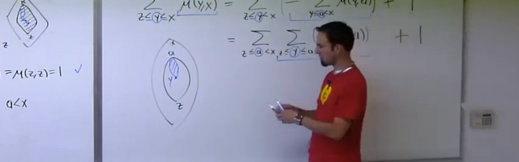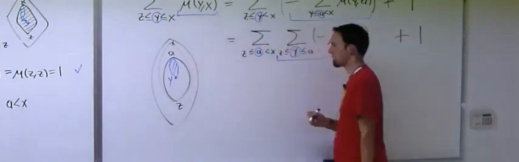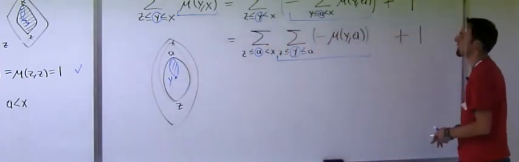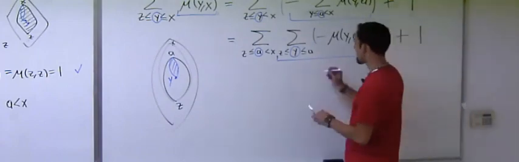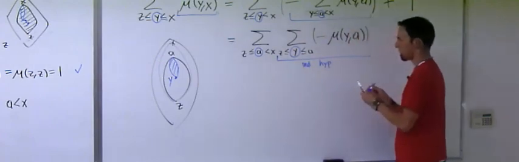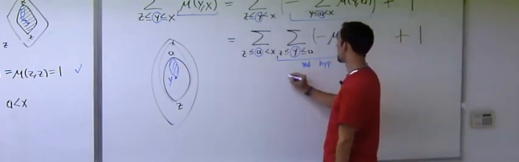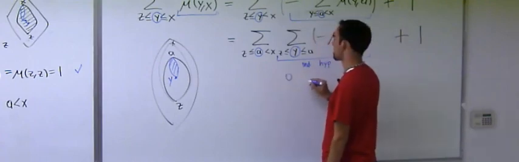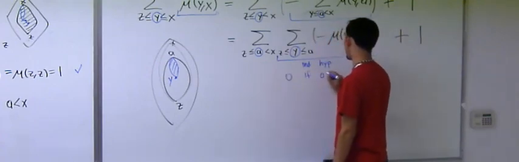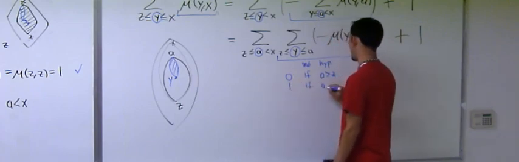Because I'm trying to get the sum from z to x, and I said, assume that I know it between z and a for any a less than x. Okay? So this is exactly my induction hypothesis. And my induction hypothesis says that this is equal to 0 if a is bigger than z, and 1 if a equals z.